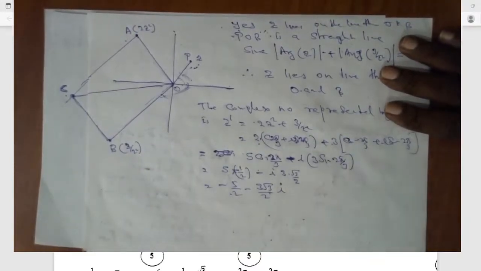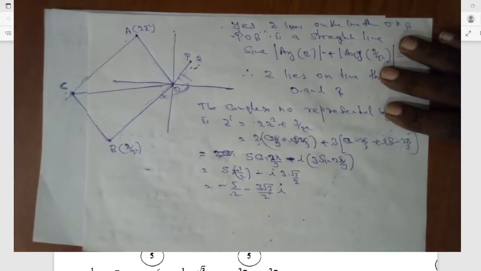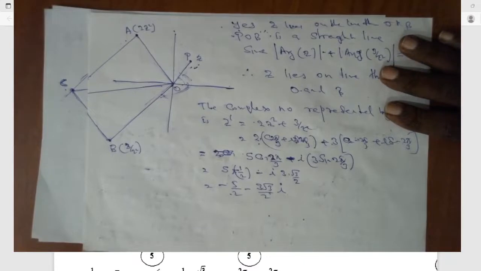What is the length of the diagonals? How do you find the length of the diagonal? Is it 2 squared plus 3 over z squared?